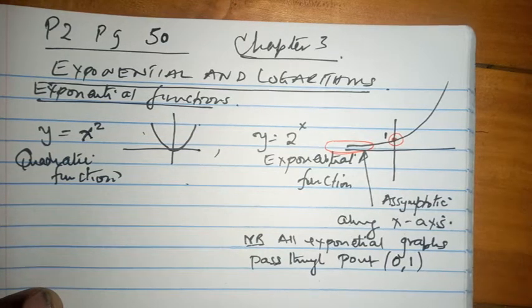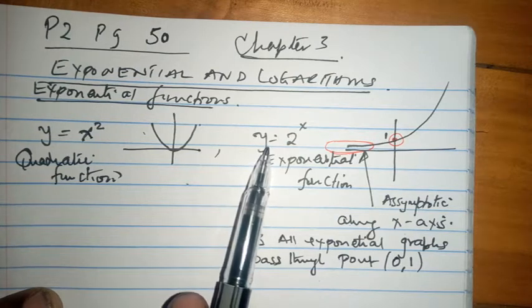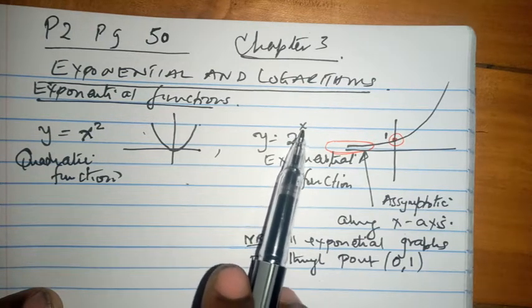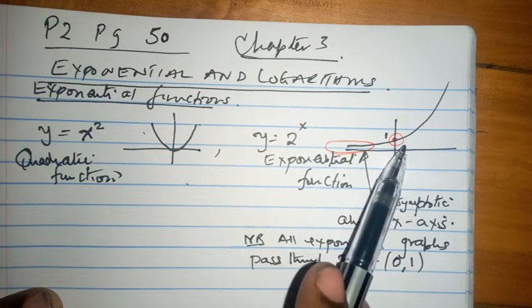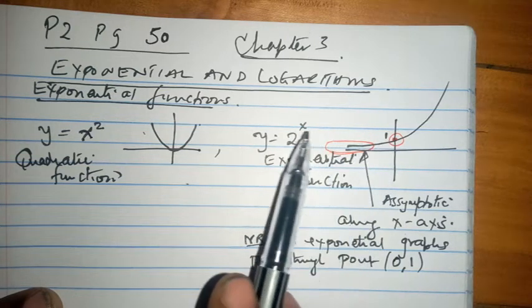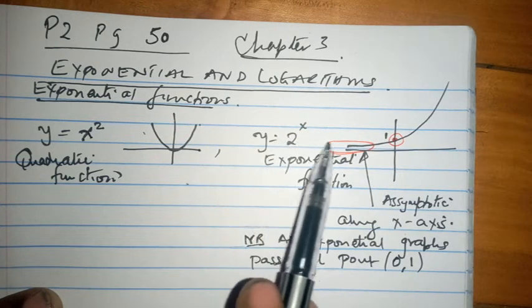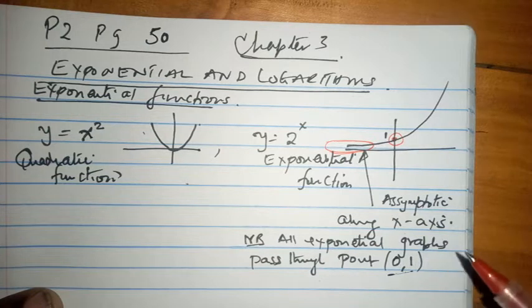Reason being, if we have, for example, this function, y equals 2 raised to power x, when x is 0, 2 raised to power 0 is 1. And any number raised to power 0, regardless of the base, will always be 1. So all exponential graphs will pass through that particular point.